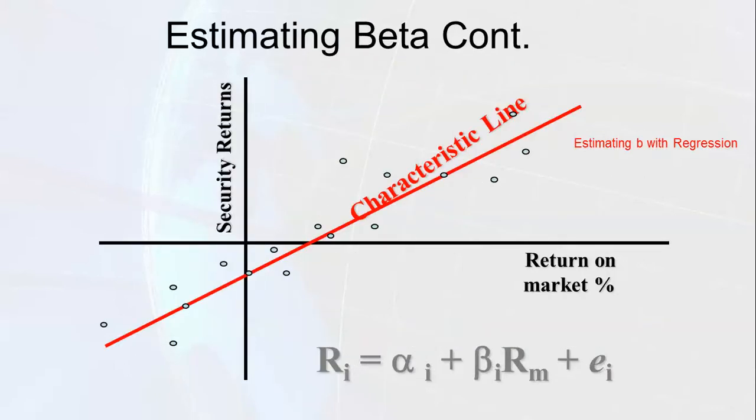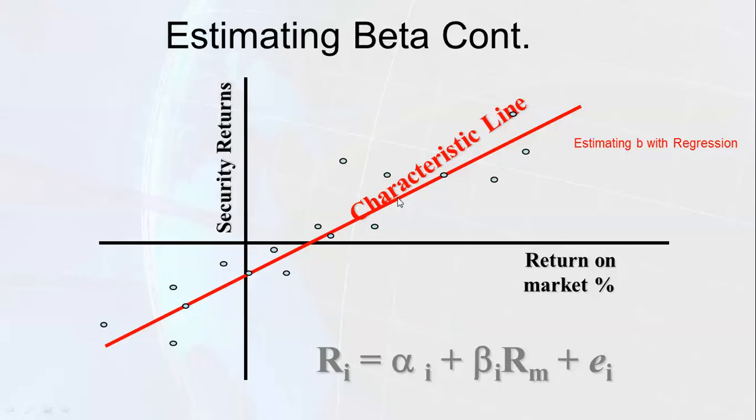Basically we can use regression. This is a market model. Here the rate of return is a function of beta if you use the market model. We're going to be using CAPM, which is a little bit different, and I'm going to show you how to estimate beta.